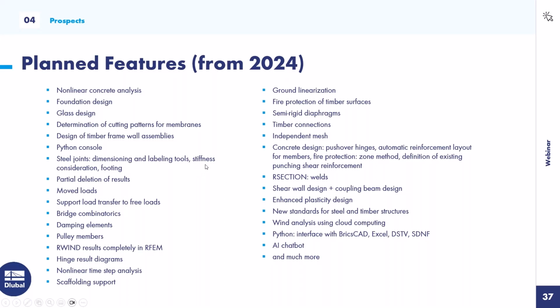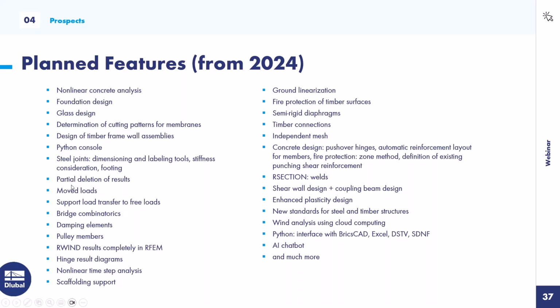Then it's planned that you can consider the real stiffness of the joint in the global model, and then the transfer to the global model will be possible. Footings are also planned.